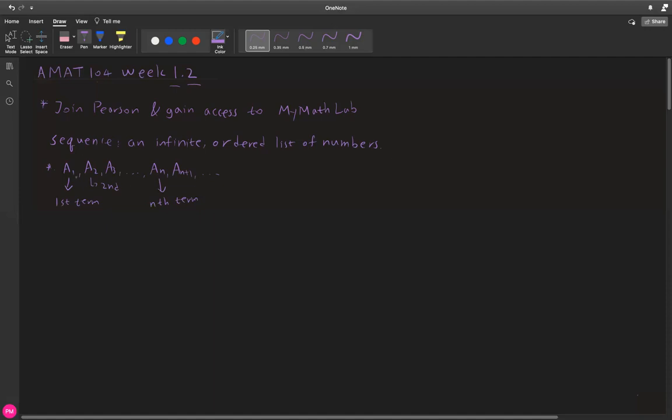And here the subscripts 1, 2, 3, 4, 5, n plus 1, and so on, are just a placeholder to indicate where this number is located within a sequence. So I think that's where we ended last time. So let's look at a few examples.